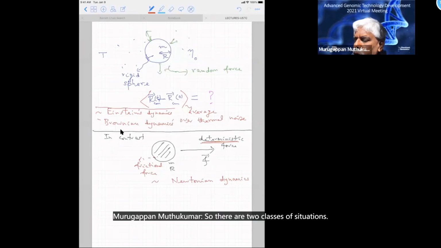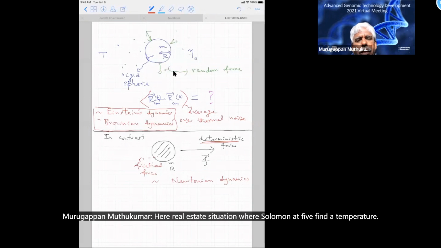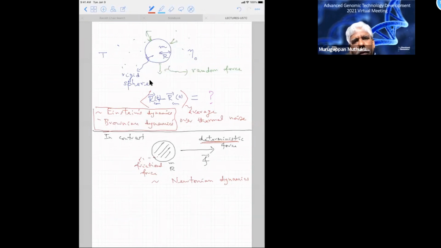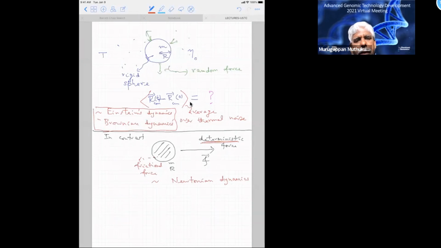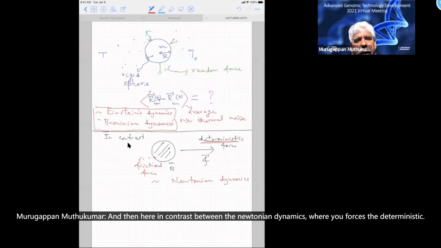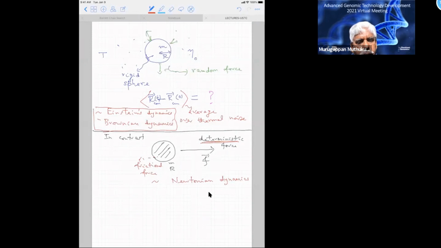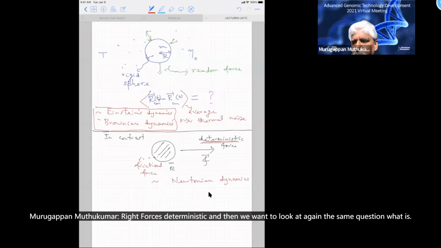So there are two classes of situations. Here, a realistic situation where solvent at finite temperature is creating a random force on this particle, and we want to understand what happens in here. And in here, in contrast, in the Newtonian dynamics, the force is deterministic.